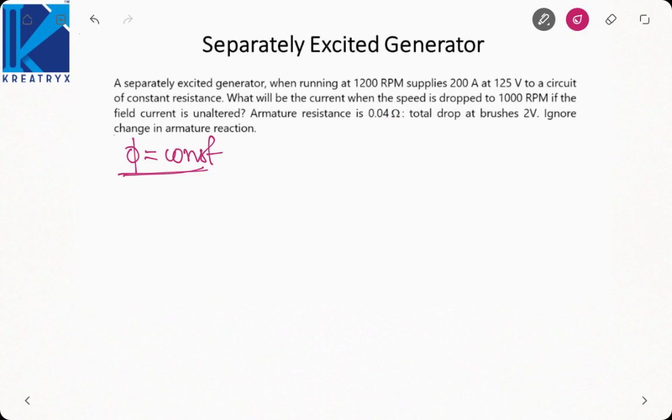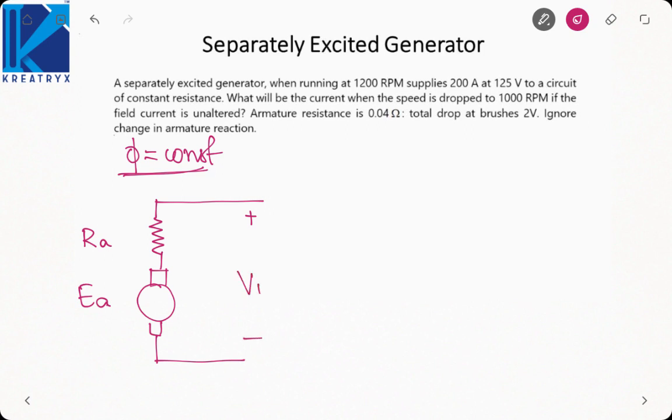Now, let us see what the problem is talking about. In a separately excited generator, what will you show? Armature resistance, induced EMF, and just the terminal voltage. There will be no concept of field because the field is excited by a separate source.